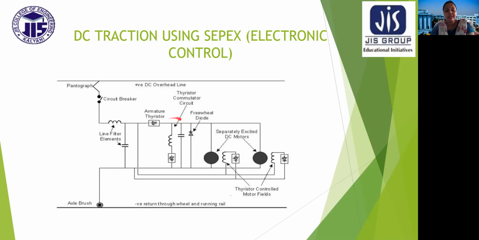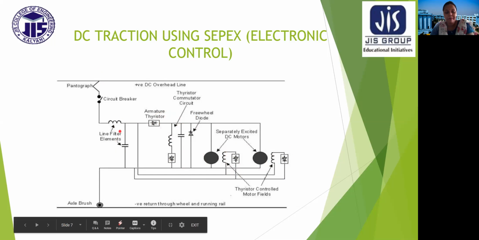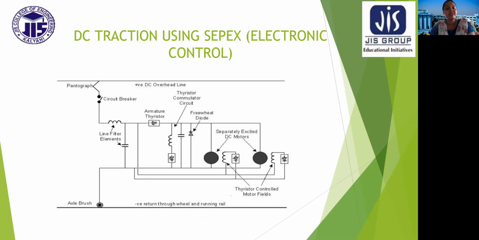Again, there is a filter circuit and a freewheeling diode that will provide protection to the motors, and as well it will reduce the noise. After that, this supply voltage is connected to a separately excited motor, to the armature as well as to the field of the supply. And through the axle brush, the circuit gets completed and negative returns through the wheel and running rail. So this is the total description of the DC traction system.